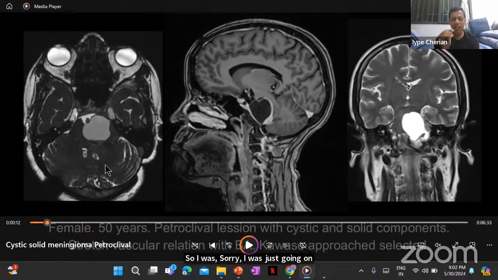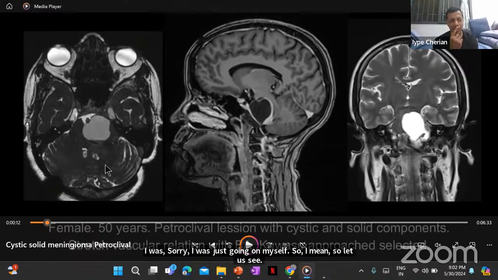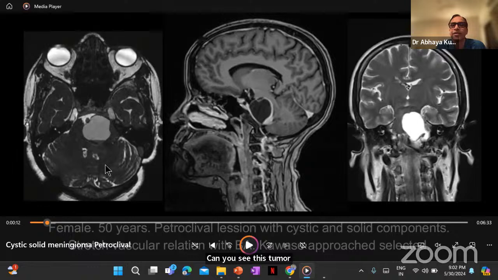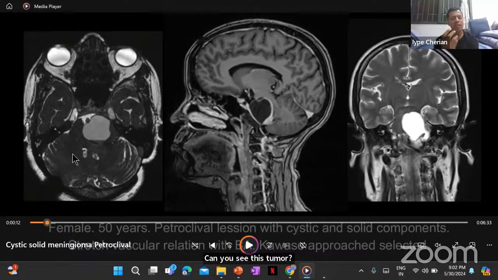So let us see. Can you see this tumor? Yes, we can. Go ahead. So this is a cystic solid petroclival meningioma. We thought it was a schwannoma actually, but there are some things which indicate it is a meningioma.